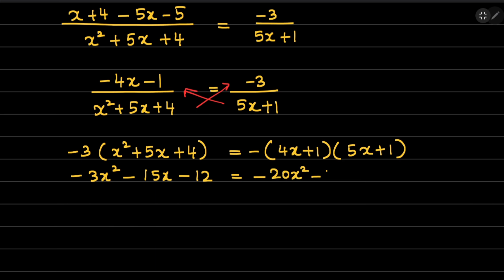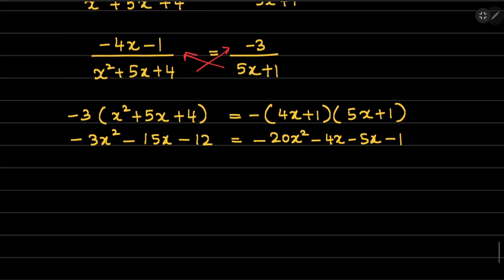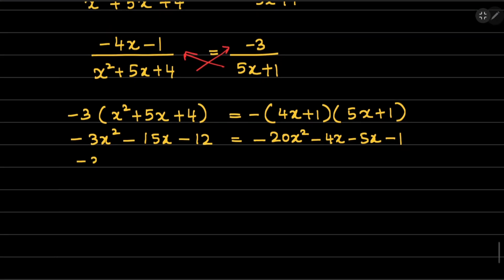Okay, and then minus 4x minus 5x, because you have to multiply everything by the negative sign outside, plus 1 will become minus 1. Right, so let's solve it as much as possible before we take it all to one side. So minus 3x square minus 15x minus 12 is equal to minus 20x square minus 9x minus 1.